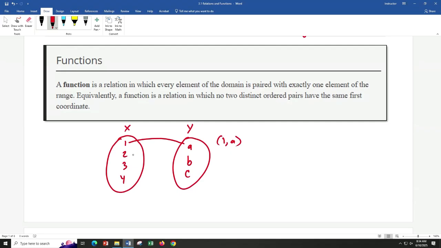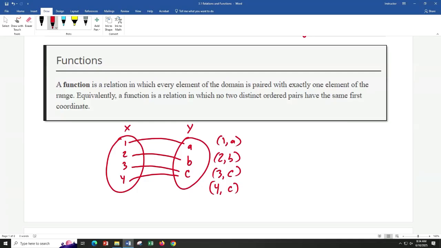I could also make one of 2, comma, B. I could also make one of 3, comma, C. I could also make one of 4, comma, C. Notice I didn't say anything about the Y values.